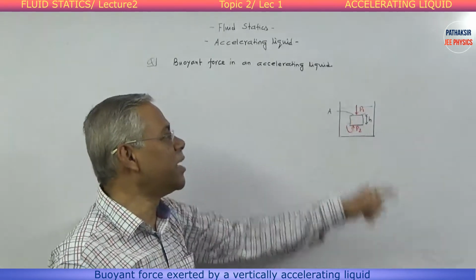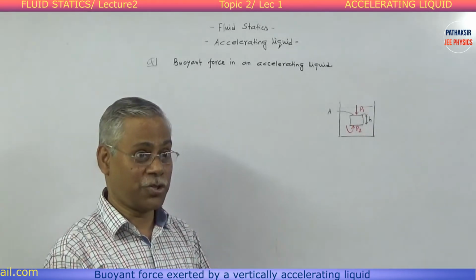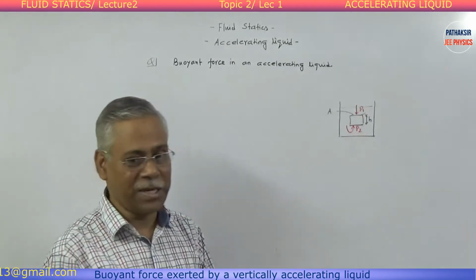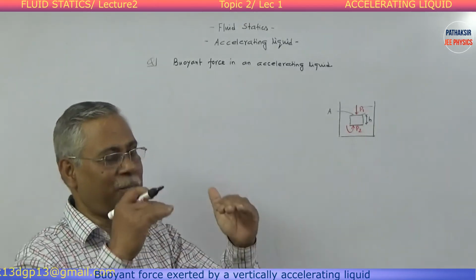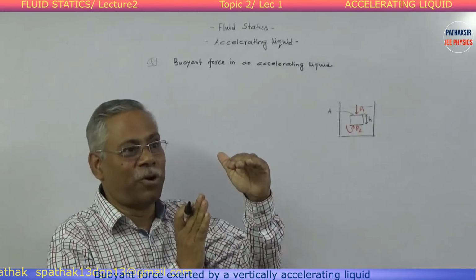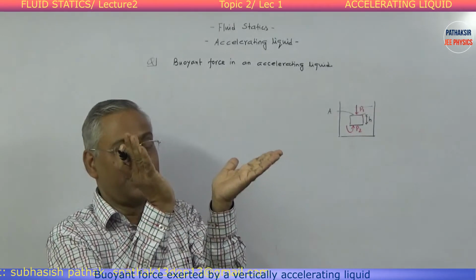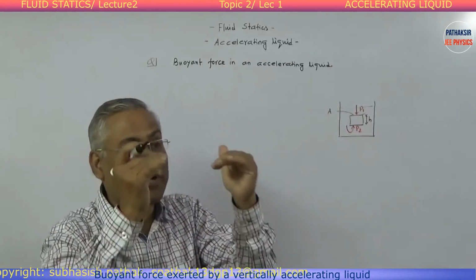P2, because P2 is greater than P1. This is the origin of buoyant force. When you immerse a body, a greater force acts on the lower surface than on its upper surface.